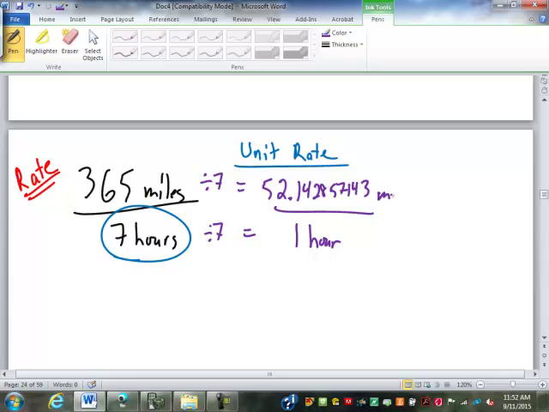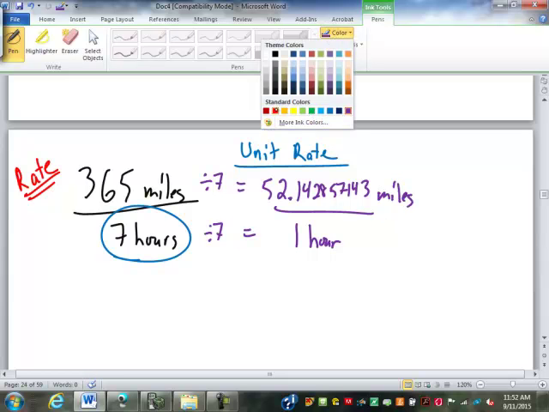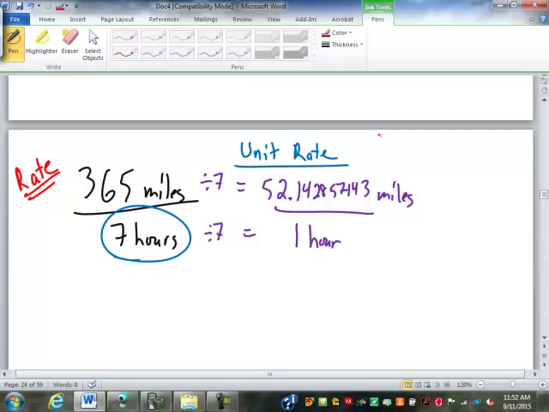52.142857143 approximately miles. Don't worry, it's not contagious. I wish it was. 52 point whatever miles per 1 hour. In fact, once it's in a unit rate, we often get rid of that appearance of the fraction, and we'd write it as, if I round this to 2 decimal places, 52.14 miles per hour.